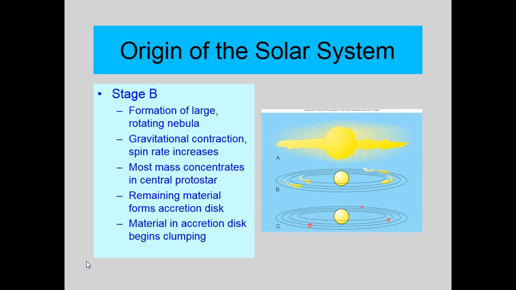And then the others are on further out. Okay? The remaining material forms in the accretion disk. The material in the accretion disk begins clumping together, at least the inner four did for us. The next one just would not clump, probably because of Jupiter. Okay? They're only showing the inner four.